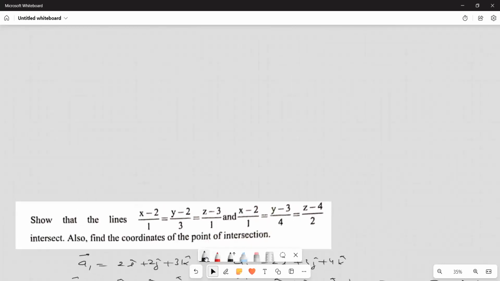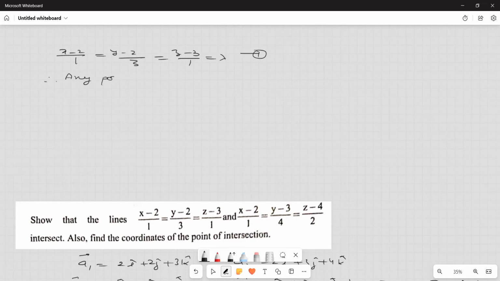We will find the general point like previous. So first line x minus 2 upon 1, y minus 2 upon 3, z minus 3 upon 1 is equal to lambda. This I have taken in line 1. Therefore, any point P I am taking on this.